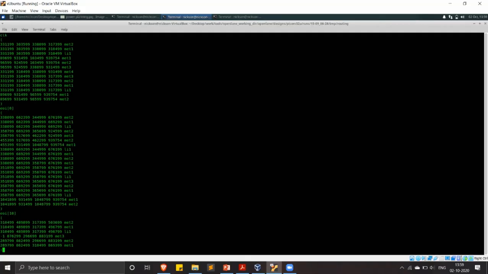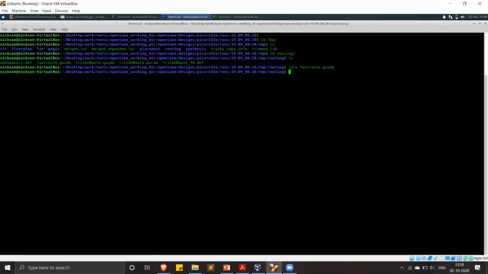So this is a brief overview of the complete TNR flow. We are almost done. What remains is the post-route STA analysis. Now that routes have been laid, the routes will come into picture.